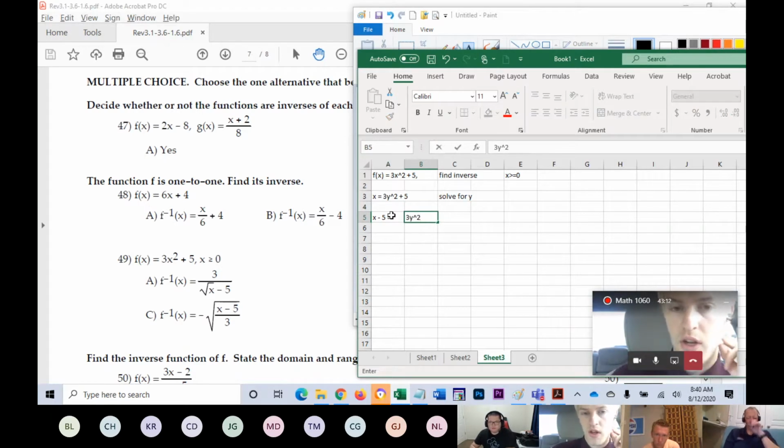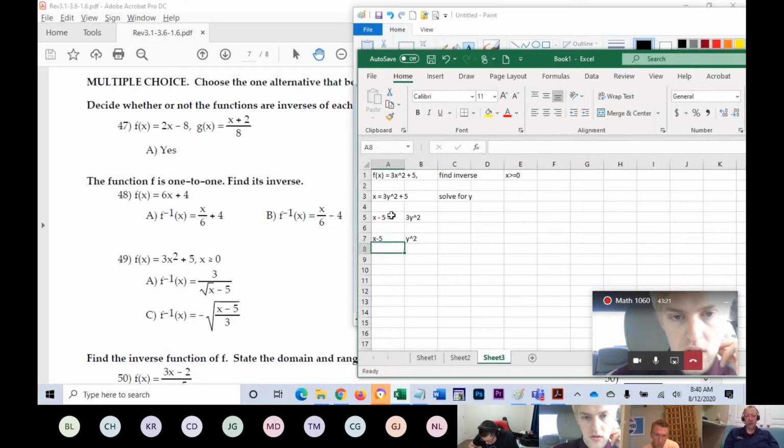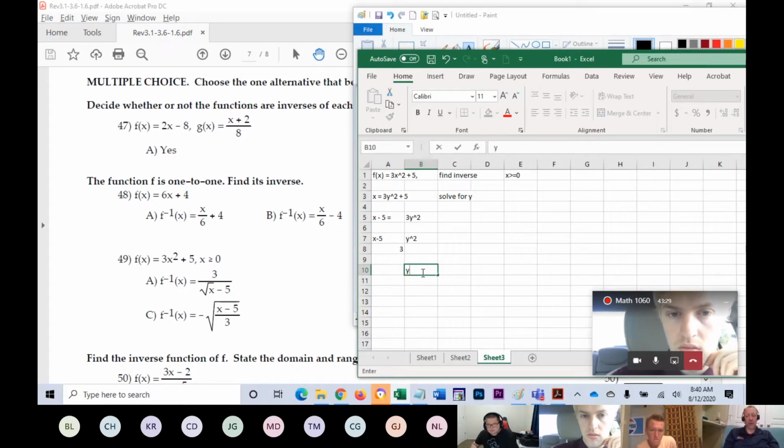You divide by 3. So y squared equals x minus 5 over 3. And then square root both sides. So y equals the square root of x minus 5 over 3.